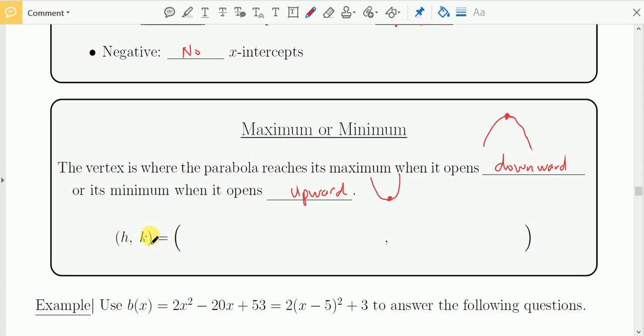So for (h, k), h is the location on the axis where you obtain the max or min, and k is the y value, the max or min value.